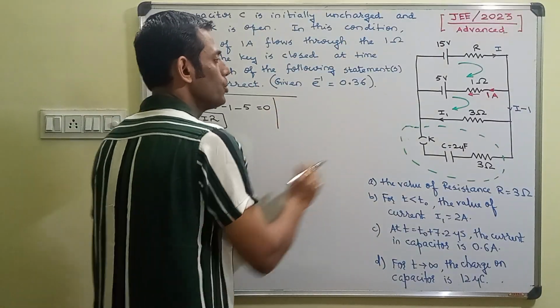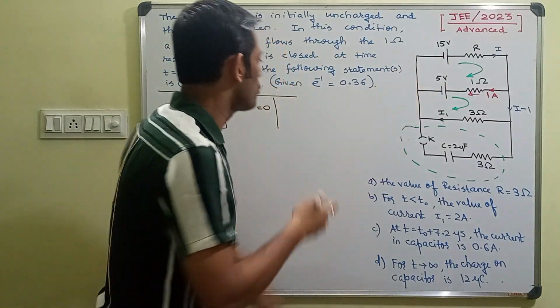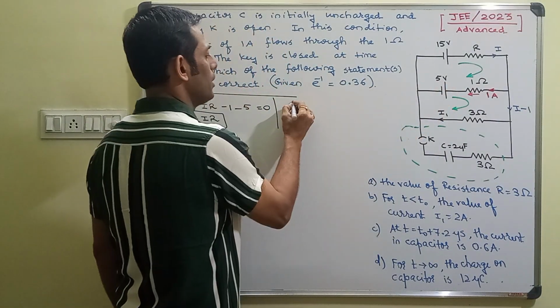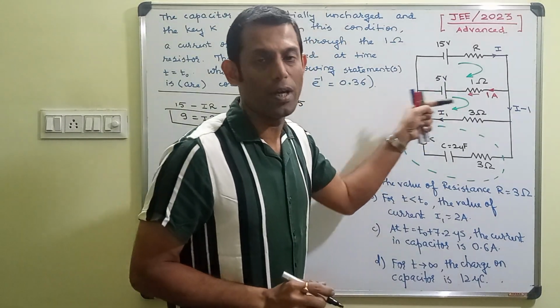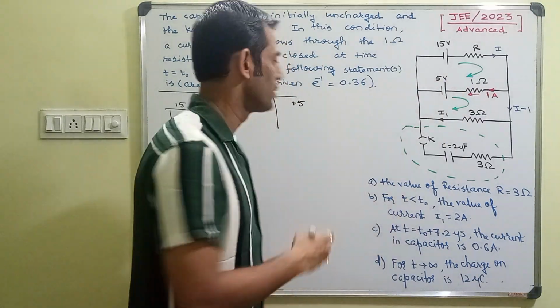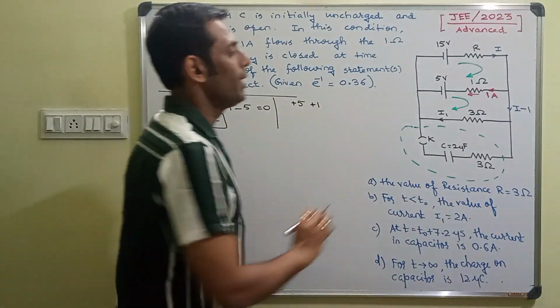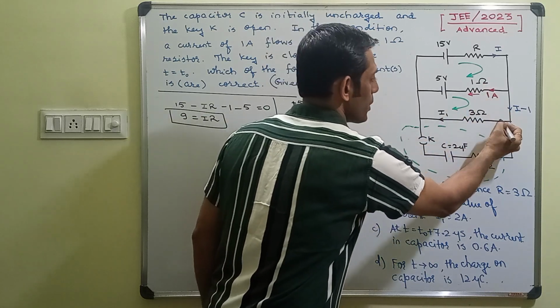Now let's go to the second loop. In this, the 5 volts from lower to higher potential, plus 5 volts, and you are flowing across against the current, so this is a 1 volt, plus 1. And then this current flows into this.